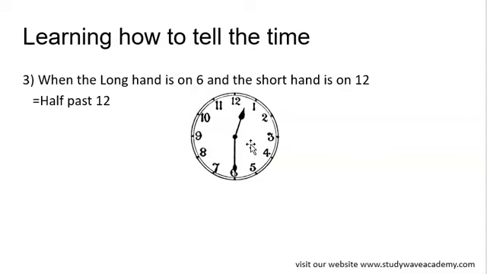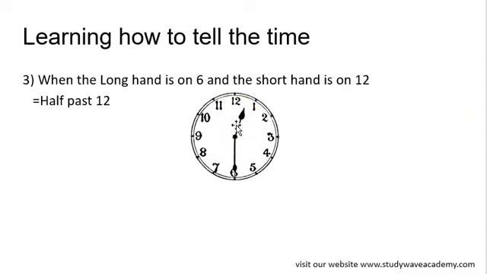Let's move on. Here we have when the long hand is at 6 and the short hand is at 12, it is called, remember when the long hand is at 6, it is called what? Half past. So the short hand is at 12 and the short hand is telling us the hour, right? And the hour here is 12.